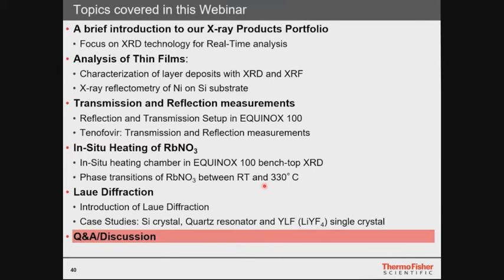On these floor standing instruments, we have a broader range of heating chambers where we can reach up to, I think, 2,200 degrees centigrade. So depending on the temperature range which you want to measure, you have to choose the instrument and the chamber which allows you to reach this temperature range. But then it's possible, no problem.